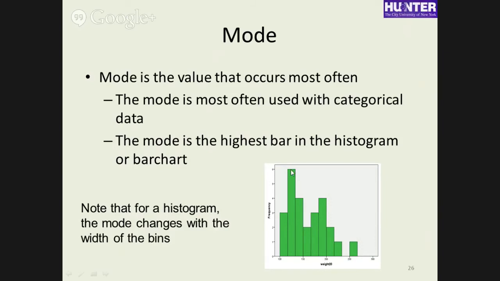We don't really use the mode a whole lot because it's not that well defined for quantitative variables, but it's good to know what it is. Of course, if you have 2 different bars that are the highest, then the mode isn't even defined. It's a bimodal distribution. It has 2 modes. There's the mode.